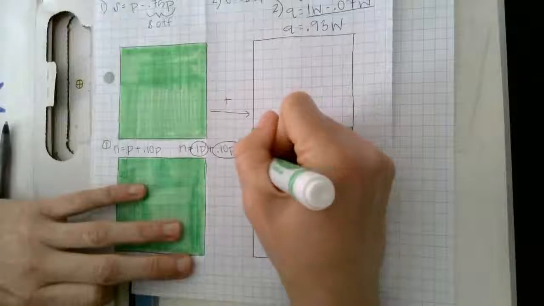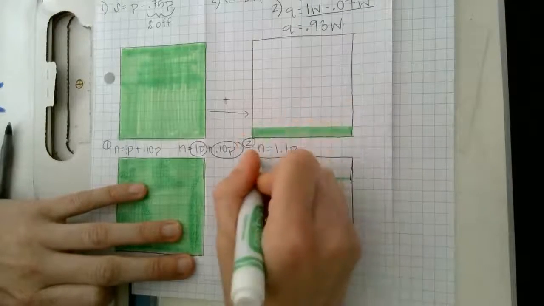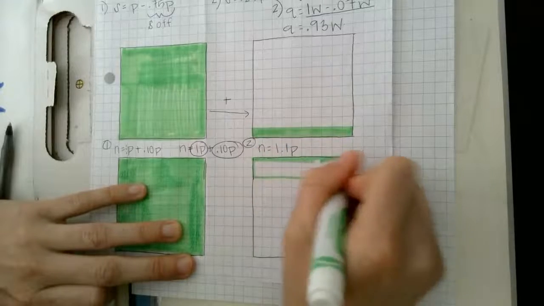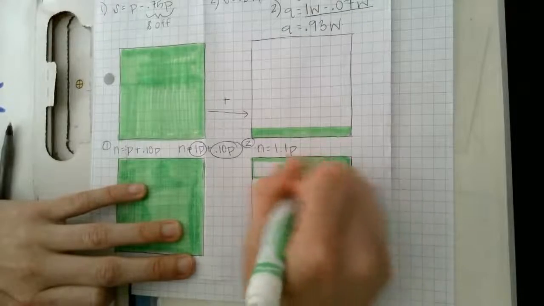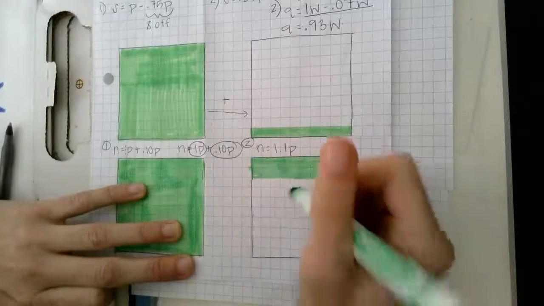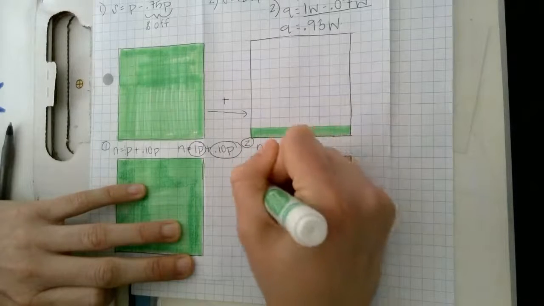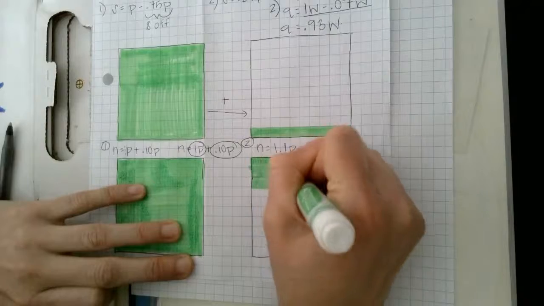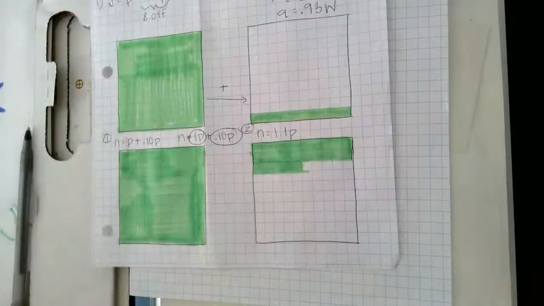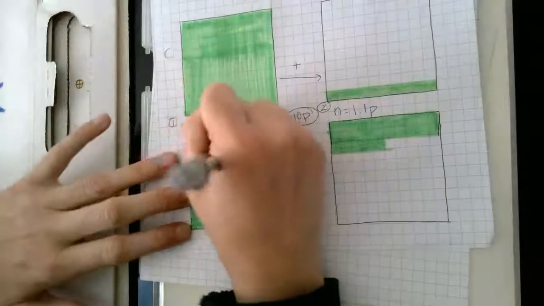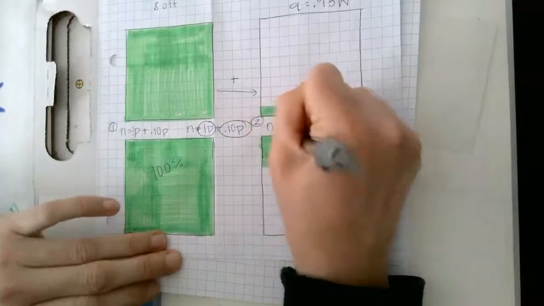So I need to color in 25 squares. So 25%. So I have 100%, and to it I need to add my 25%.